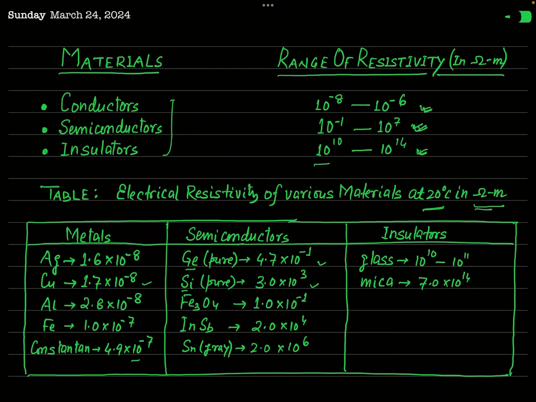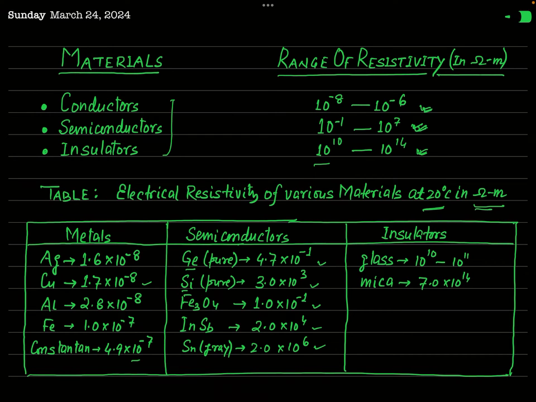We will see that semiconductors may be oxides and sulfides and in compound form. So Fe3O4 is also a semiconductor, and its resistivity is almost 1.0 into 10 to the power minus 1 ohm meter. And like that, InSb has this much value of resistivity, and Sn, that is gray tin, has this much resistivity. Okay.